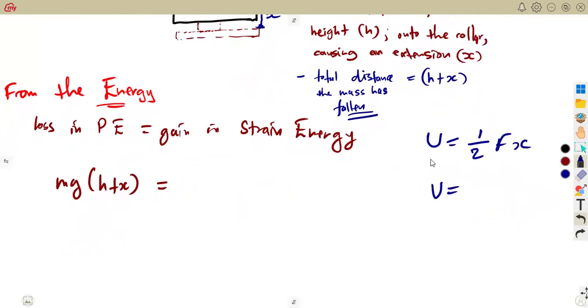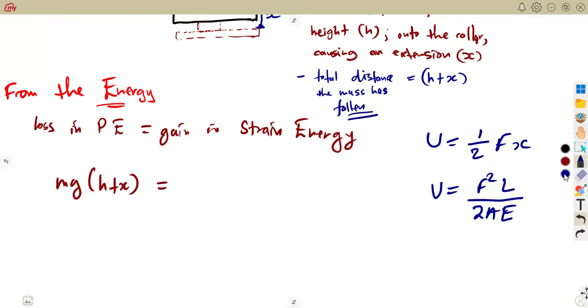Also, strain energy can be given as F squared L over 2AE. You still remember our calculations for the strain energy. These formulas can be used.